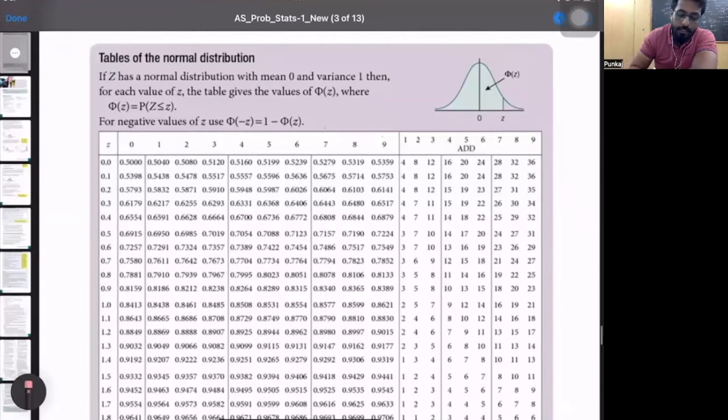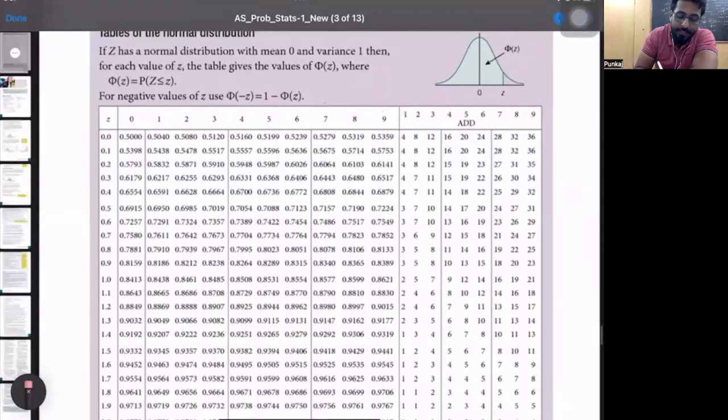You can see 0.7 below 0, that's 0.7580, with an add value of 8. Just extend it over here and then below 8, that's 24. So to this value 0.7580, you want to add 24.